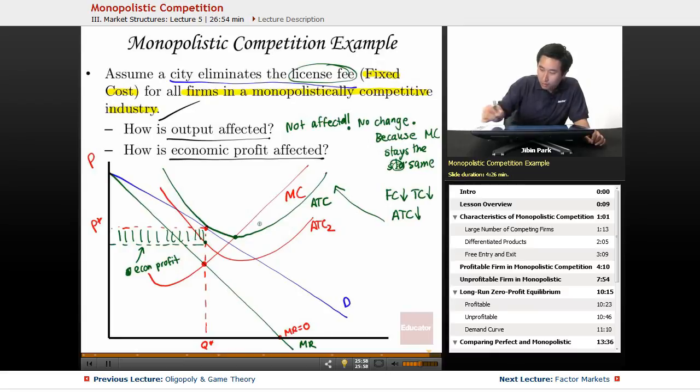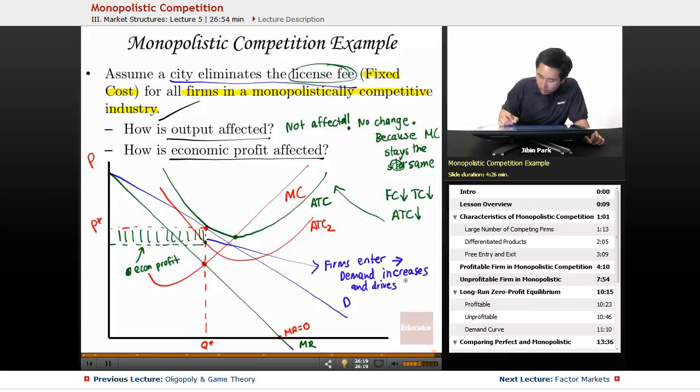The economic profit, what is it going to do? Firms enter, and basically demand increases, and basically it drives out the profit. How does it drive out the profit?